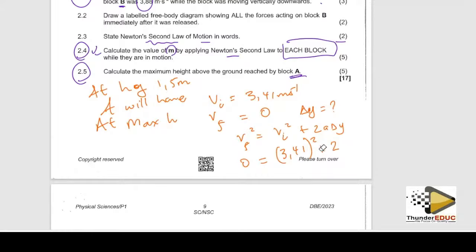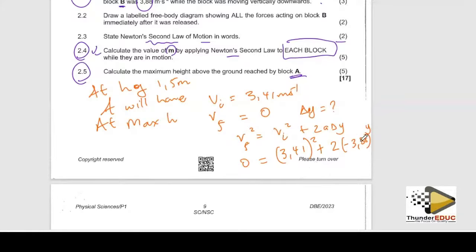It should be minus, since the body A is moving upwards. So I can say plus, then I can use negative 9,8. Will it make sense? Makes sense for me to say that. Use 9,8. Why can't I use my acceleration, which is 3,8? 0.88 delta y.